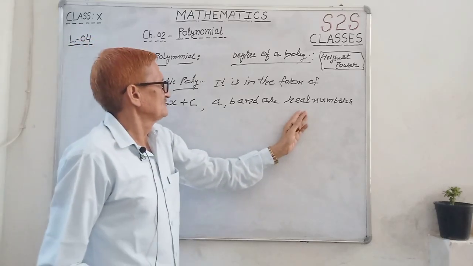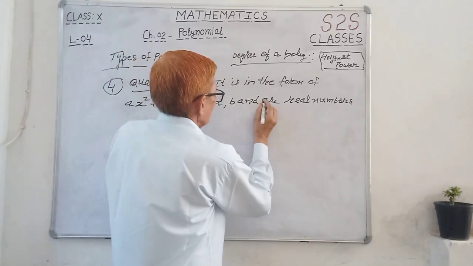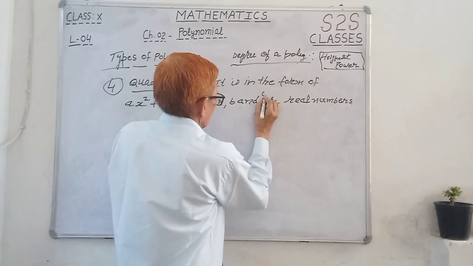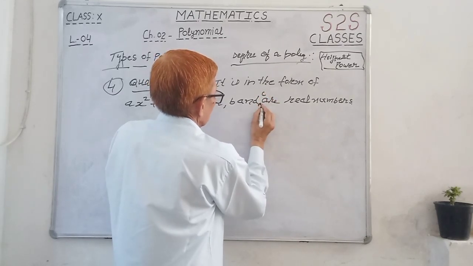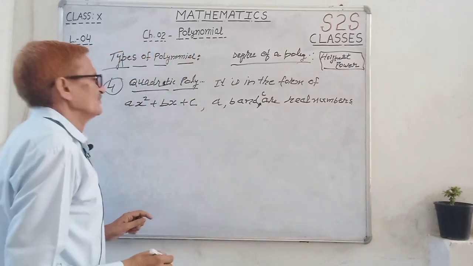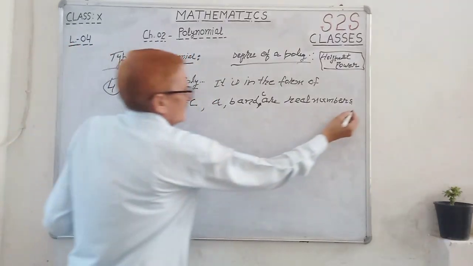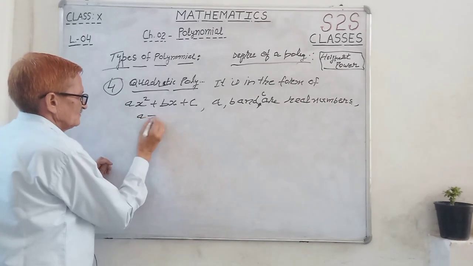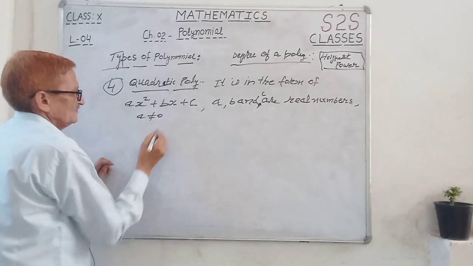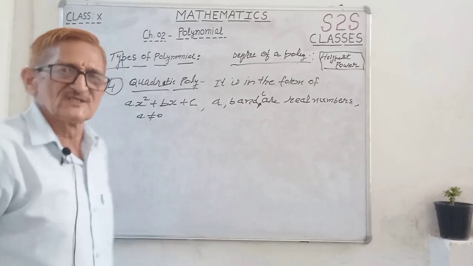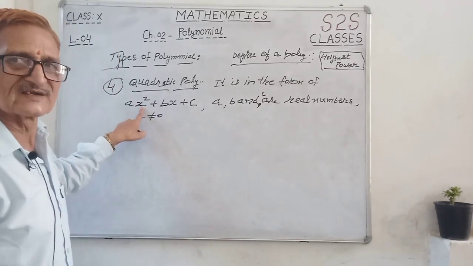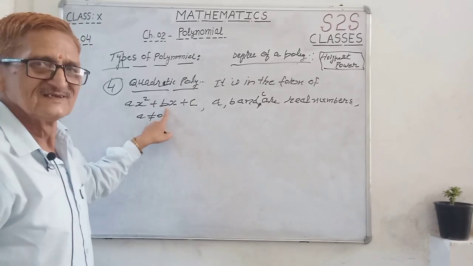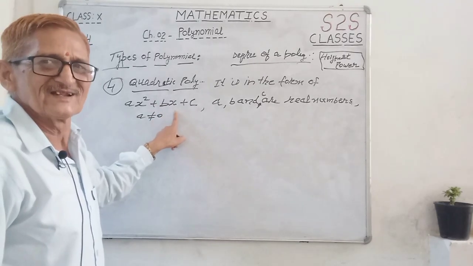a, b and c are real numbers, comma, for quadratic, a should not be 0. a should not be 0 because if a is 0 then the x square term will vanish. 0 into x square is 0, then it will be linear only: bx plus c, only linear.